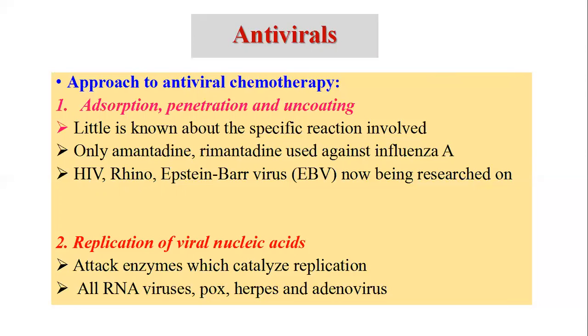So few synthetic antiviral molecules are available, like amantadine and rimantadine, that can be used against influenza A virus. What are the actions they are doing? They are inhibiting adsorption, penetration, and uncoating of influenza A virus.